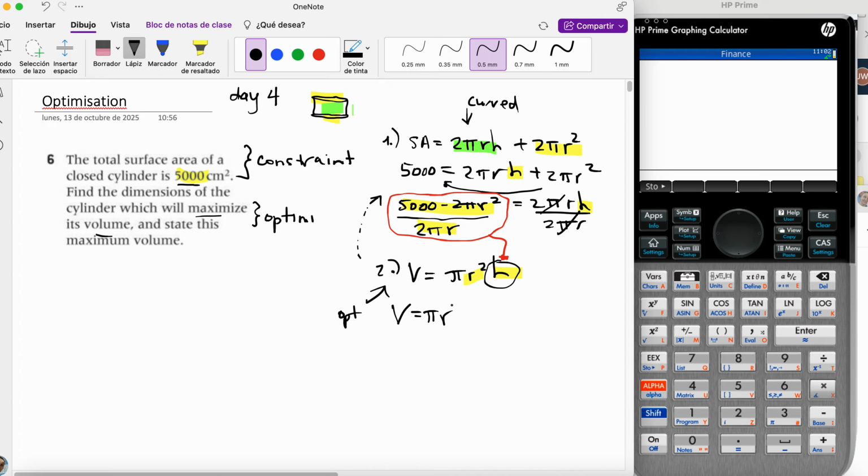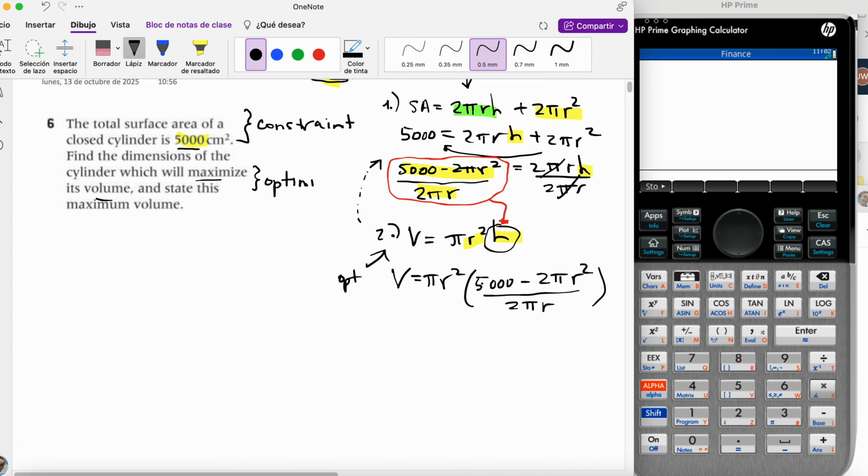Now, the reason that makes us ever so happy is because what we've just done is we've gotten rid of one of the variables. Everything is now in terms of r. We can do a little bit of simplifying. You don't have to, but I just will. So the pi and the pi. Remember, you cannot cancel one on top, one on the bottom like this when it's a minus. But this whole thing is multiplied, this whole thing is divided, so we can.